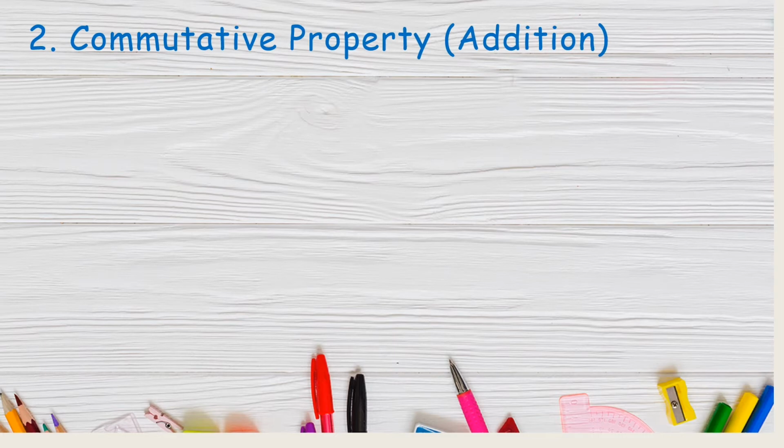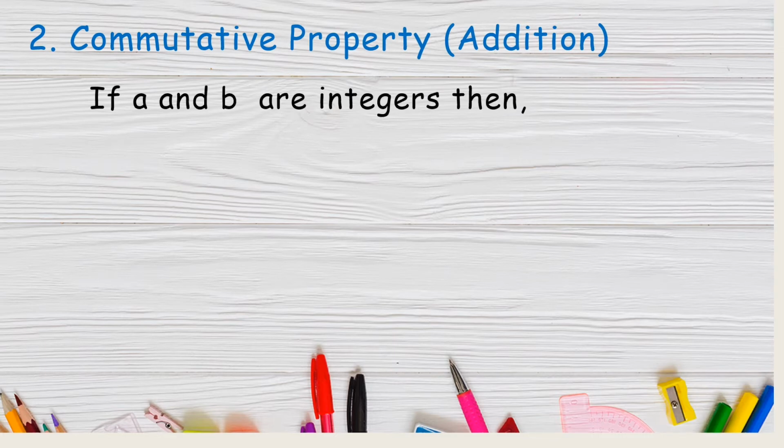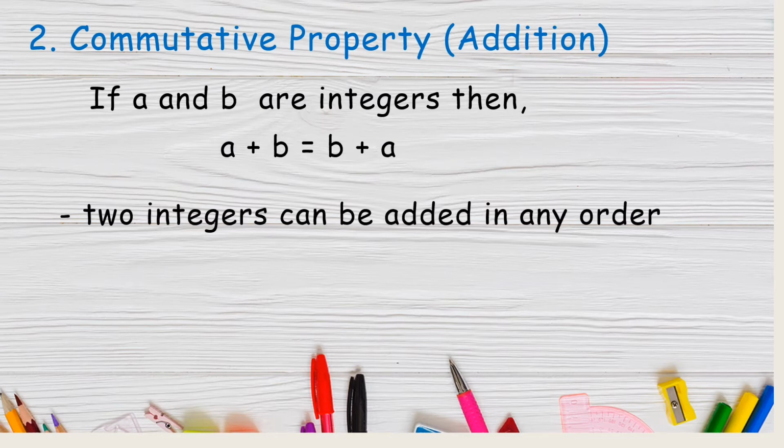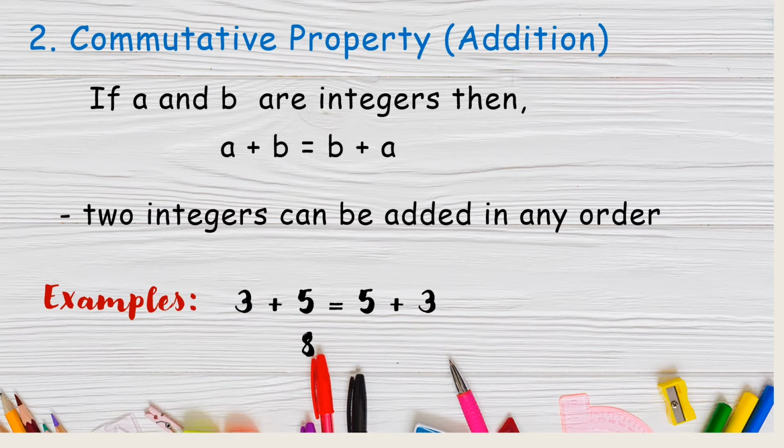Commutative property of addition. If a and b are integers, then a plus b equals b plus a. Meaning, two integers can be added in any order. Examples: 3 plus 5 is equal to 5 plus 3. If we add 3 and 5, we have 8. If we add 5 and 3, we have 8 also.